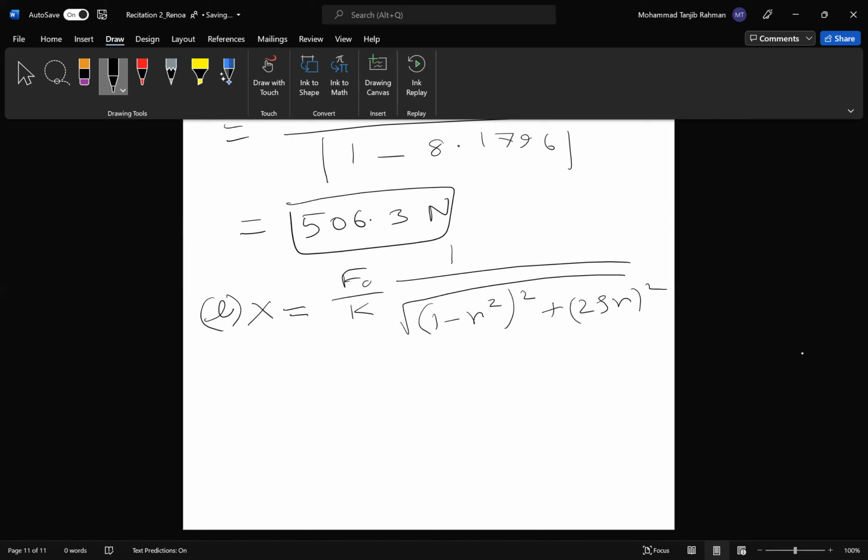So we're going to set zeta as 0. So our equation would be F naught is equal to m e omega square, divided by k multiplied by 1 minus r square.